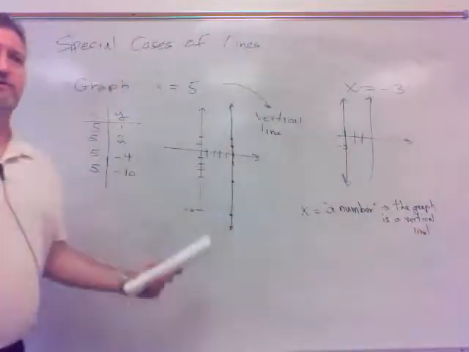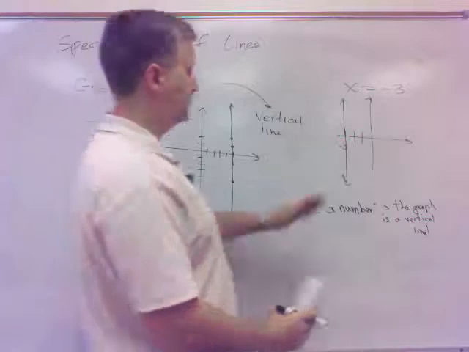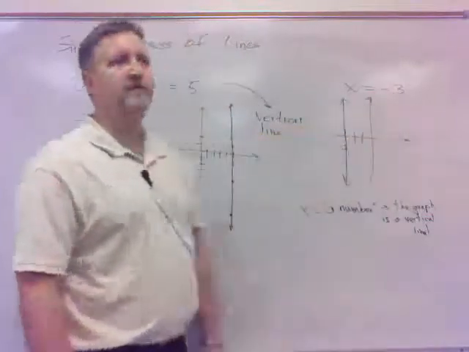X equals any number is going to be a vertical line. X equals 15 is a vertical line. X equals 100 is a vertical line. It's just a different position where your vertical line is, depending upon that number. Okay?